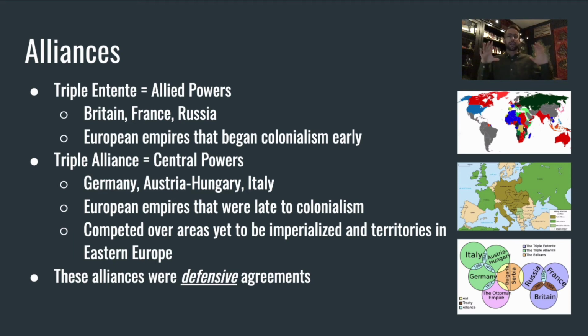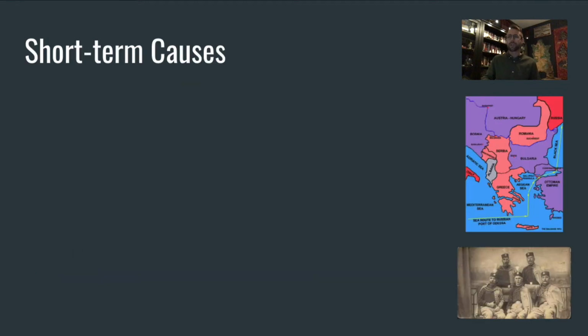Let's look a little closer at how the war started with the short-term causes. Now, the short-term causes mostly happen because of tensions in one area of Europe, and that is the Balkan Peninsula. And that is the picture you have on the right.